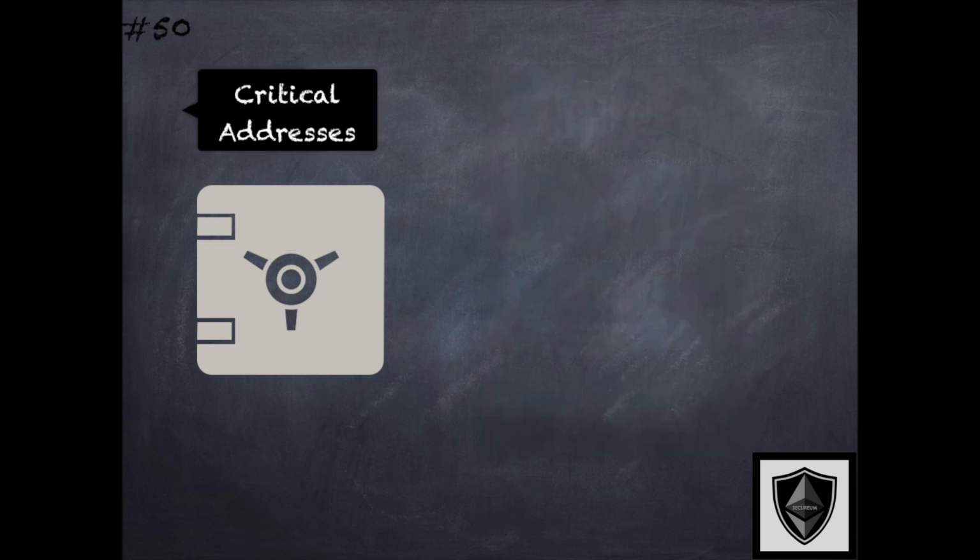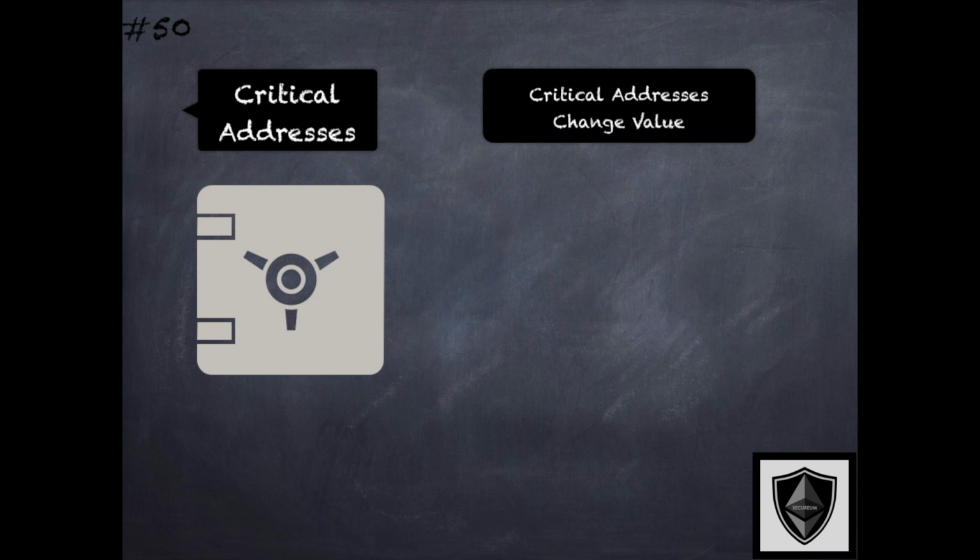Another security pitfall related to addresses is the aspect of changing values of critical addresses. Certain addresses within the context of the smart contract may be considered as critical.